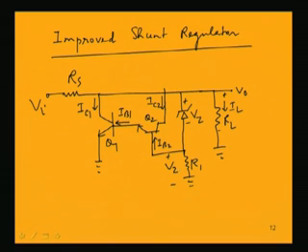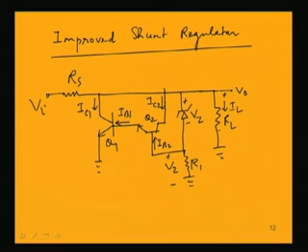Now in this circuit, what will happen when V0 changes? Here also we will be applying again the Kirchhoff's voltage law. What is V0?